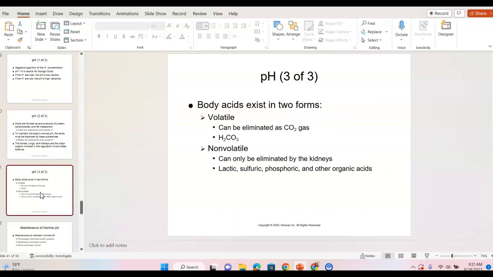So there is CO2, carbon dioxide, we expire it, we breathe it out, okay? That's one of our gases. H2CO3 is going to be your chemical presentation of bicarb. Bicarb will help to buffer, okay? And we can actually create bicarb in our bloodstream to help buffer.